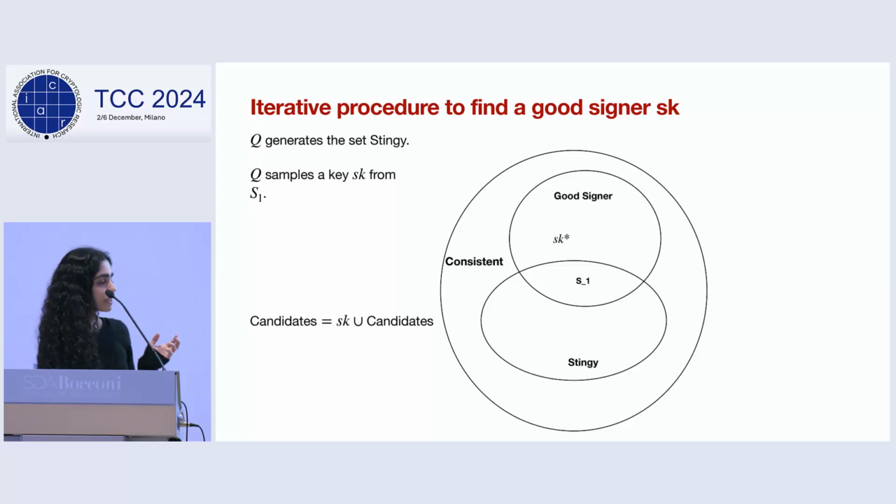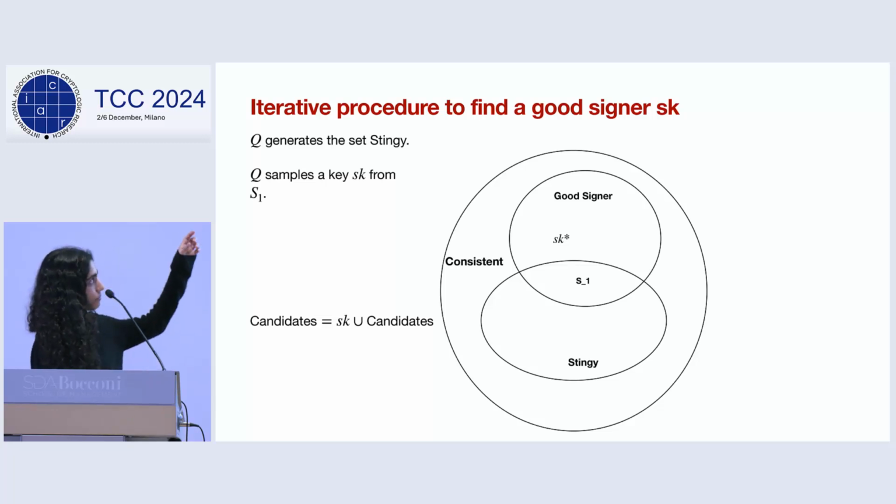For example, the public key is a quantum state, so we cannot run brute force with the public key because we only have polynomially many copies of it. To get around that, we instead feed a description of pkgen to Q. A public key is then just the circuit pkgen run with a candidate secret key. So now Q can perform brute force search over secret keys and get a good signing secret key.